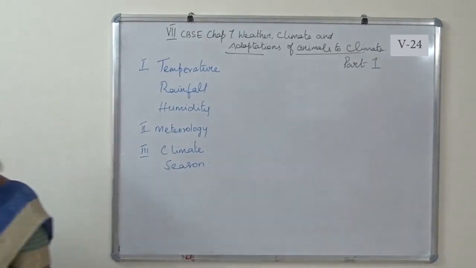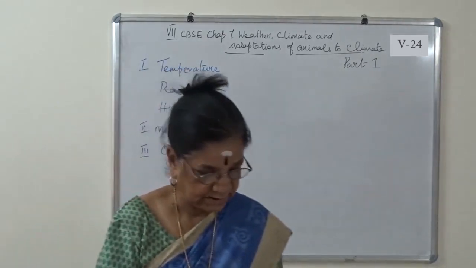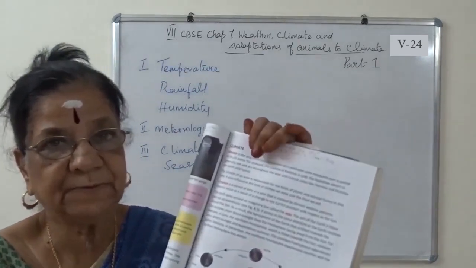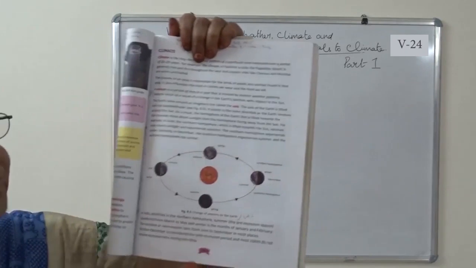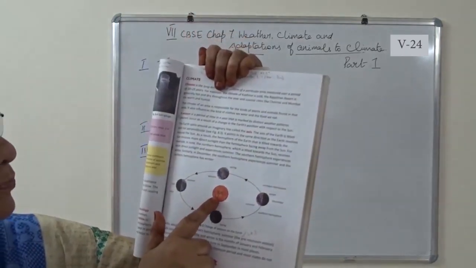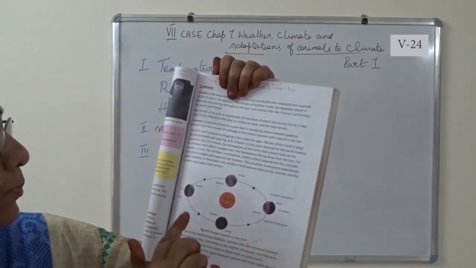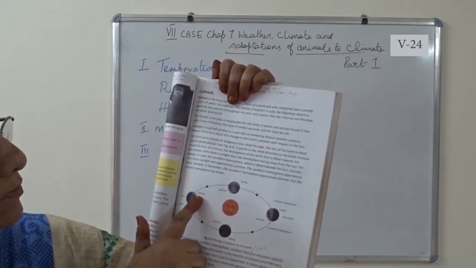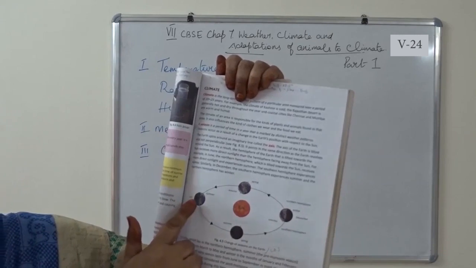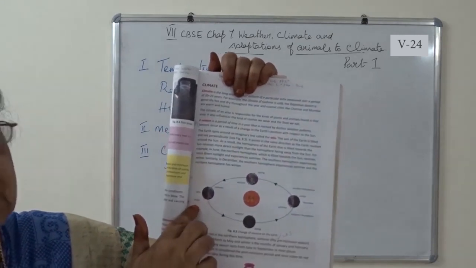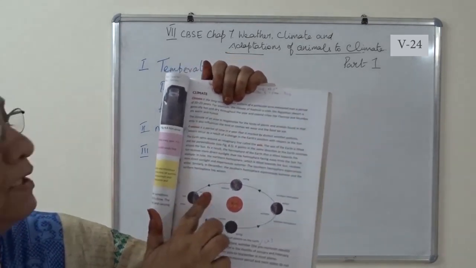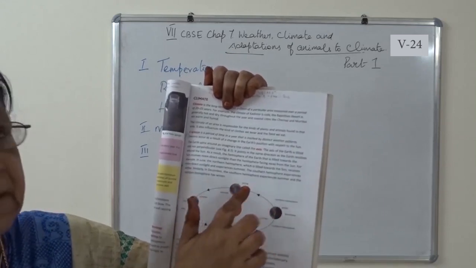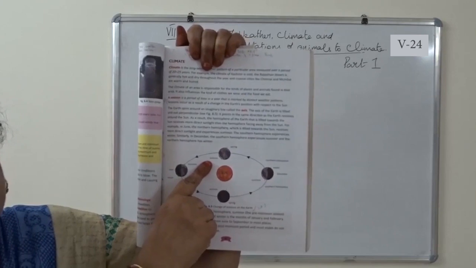For example, see this figure in the book. Can you see? The sun is here. In June, in this portion of the earth it is summer, and in this side it is winter. Here it is spring, and here it is autumn.